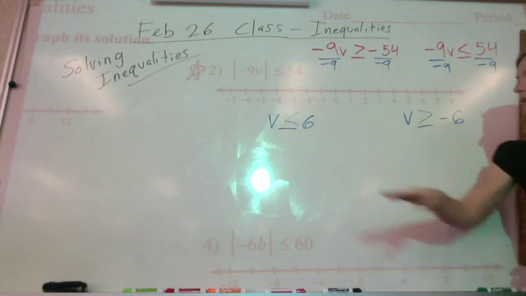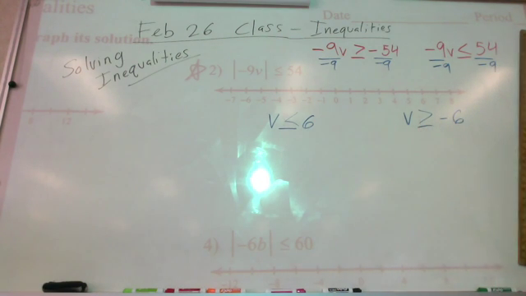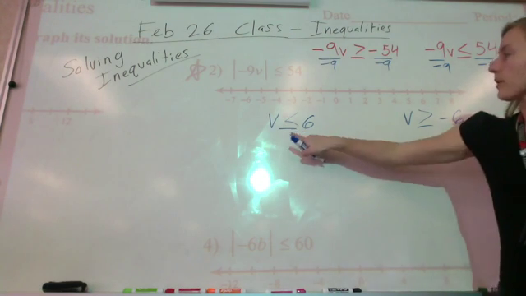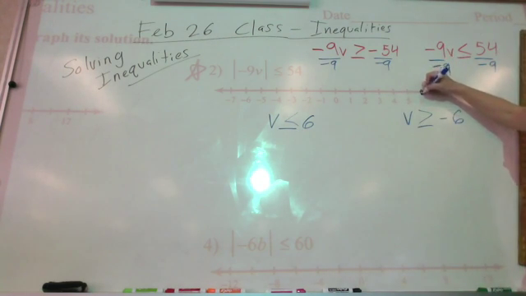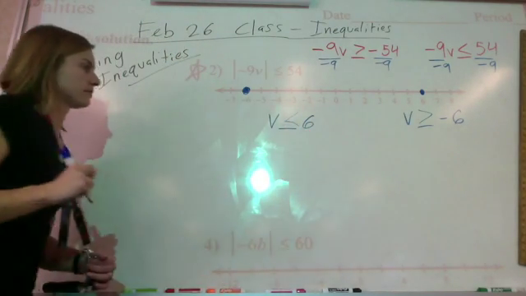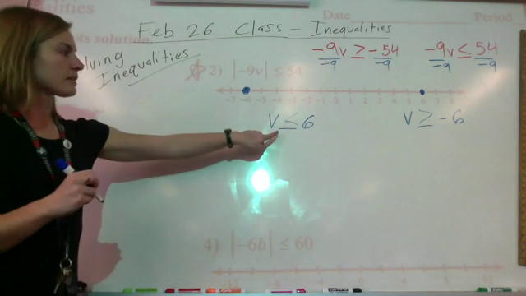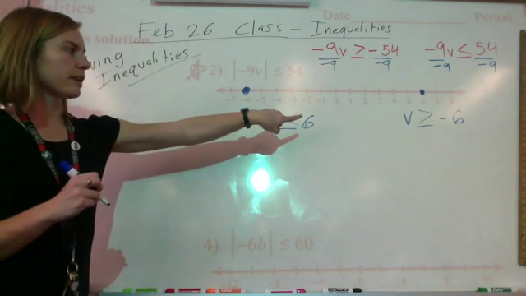Okay. So, are we dealing with open or closed circles? Closed. So there's going to be one at positive 6 and one at negative 6. And you could be inside everything. Is it inside? It depends on the sign. It's less than 6 and it's greater than negative 6.